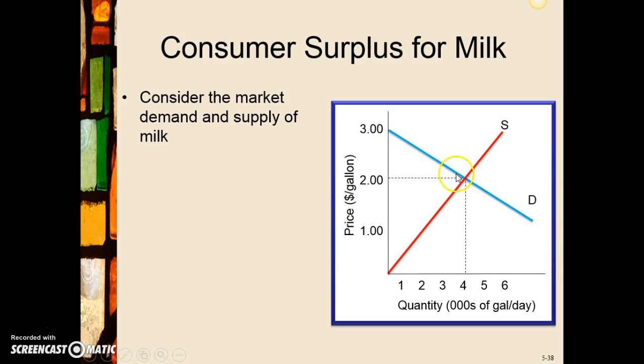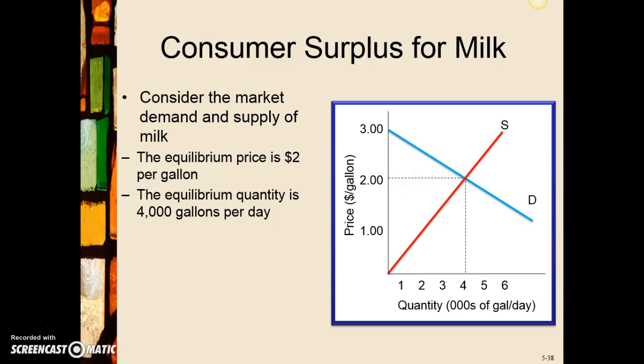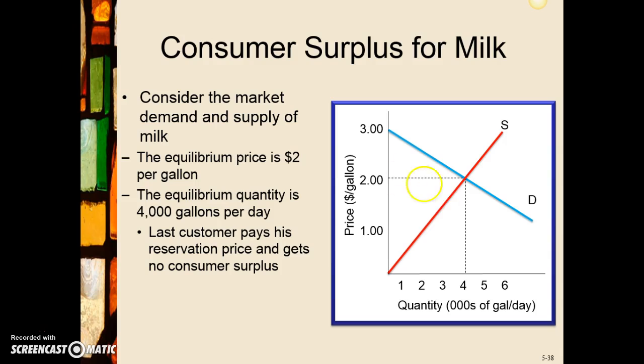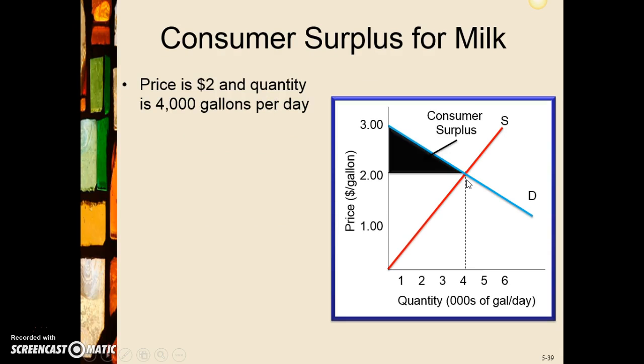And so this whole area is going to be the area of consumer surplus. And so if the equilibrium price is 2 and the quantity is 4, the last consumer, this person right here, we're saying there's some buyer whose reservation price is $2 and there's another guy right next to him who's willing to pay only $1.99 and he's not going to buy the good.